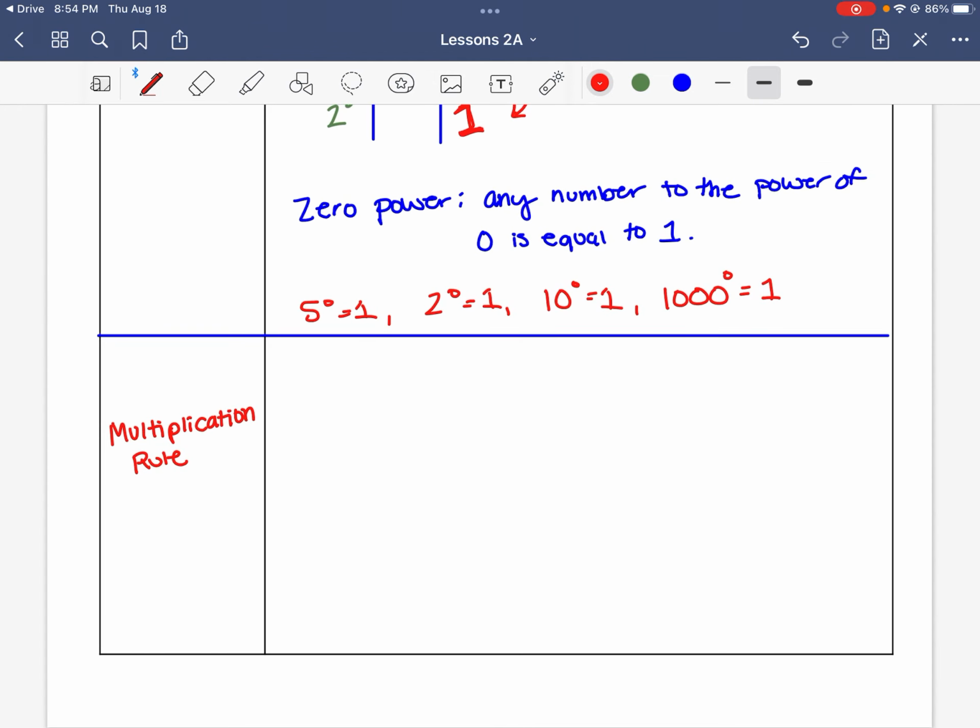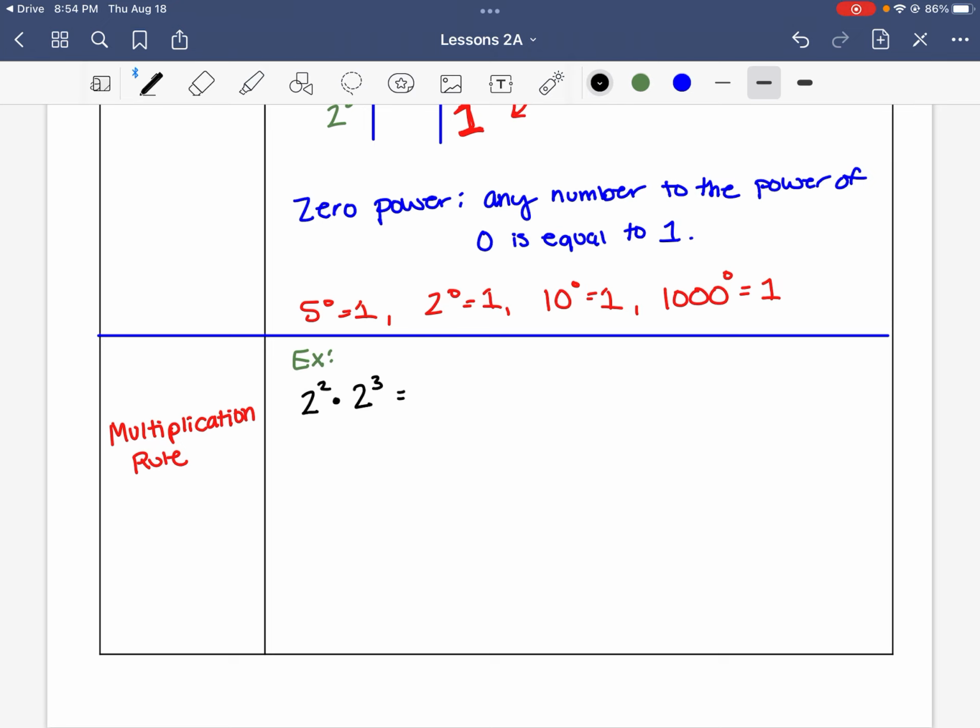Now, let's do an example. Pretend I had 2 to the second times 2 to the third, okay? Well, let's see what happens when we expand it.